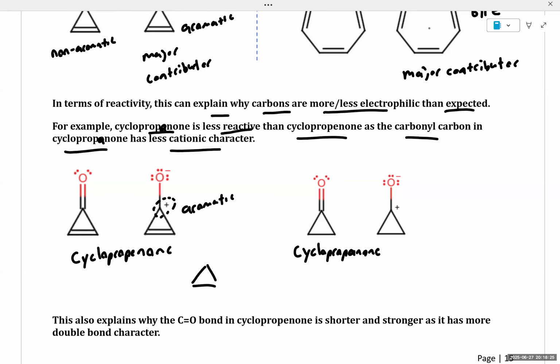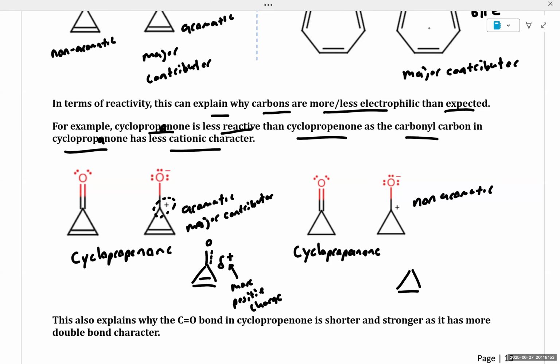And as a result, in our actual structure, this carbon is going to have more positive charge, because this aromatic resonance structure is a major contributor. By comparison, in cyclopropanone, this is non-aromatic. And as a result, the carbonyl carbon in cyclopropanone has less cationic character.